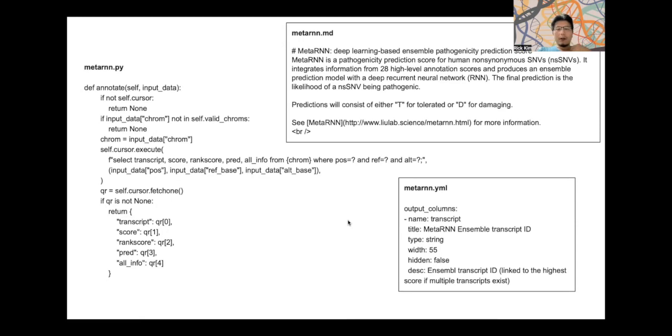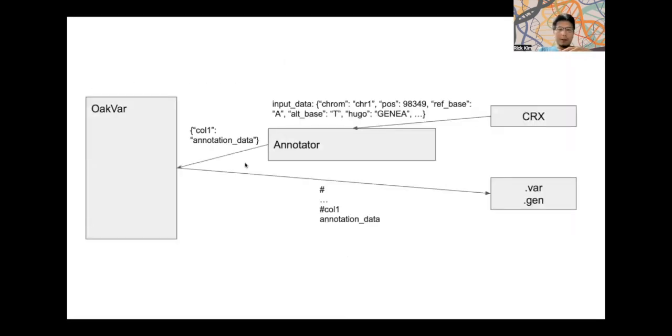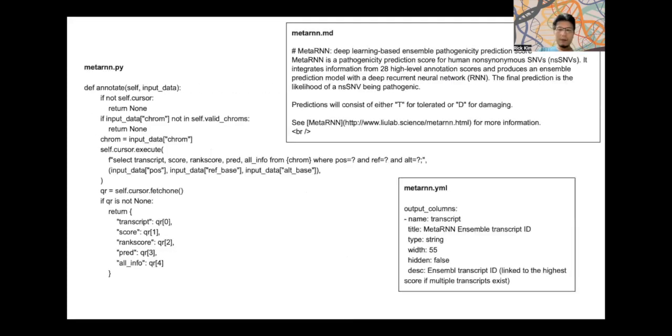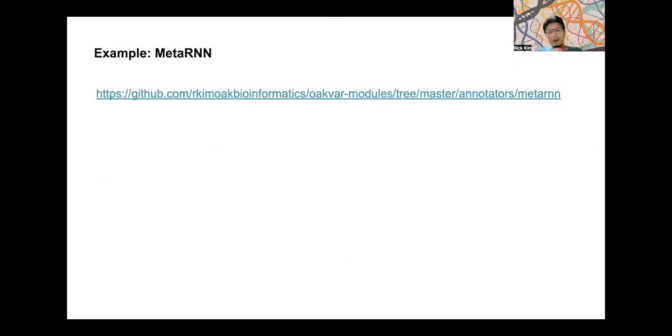So OakVar will combine the YAML content and Python script and do this conversion from dictionary to this TSV format data. So it will write these files. If you're interested, you can go to this OakVar modules repository, then /annotators and /meta-RNN, and you can see the examples. And let's see some examples here.